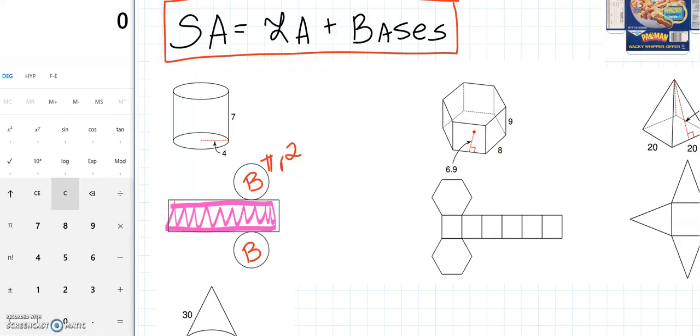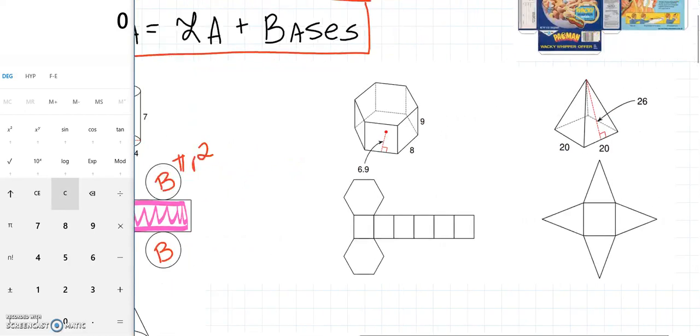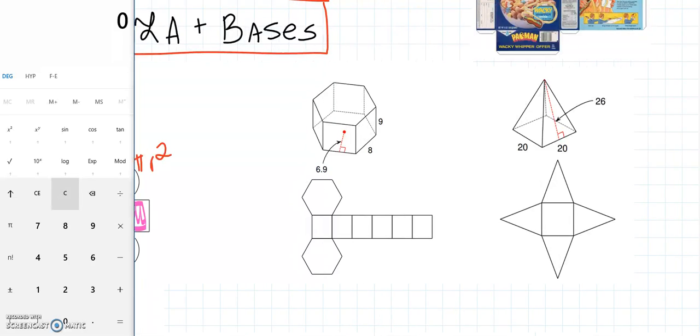Now let's take a look at our hexagonal prism. So again, I'm going to identify the bases. That would be my 2 hexagons. I'd want to find the area of each of those separately. Now I'm going to assume that this is a regular hexagon. So I would find the area by doing that. Area equals 1/2 apothem times perimeter.